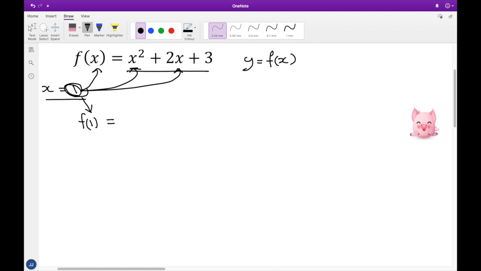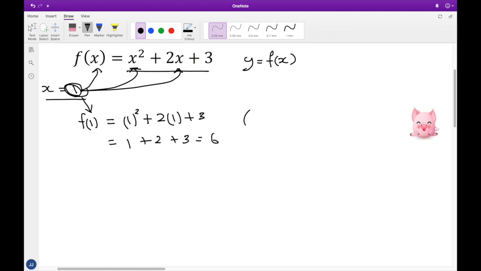So you can see I have x squared plus 2x plus 3. And then we could just work it out, right? 1 squared is 1, plus 2 times 1 is 2, plus 3, and we get the answer to be 6, right? So therefore, I could write this as a coordinate.